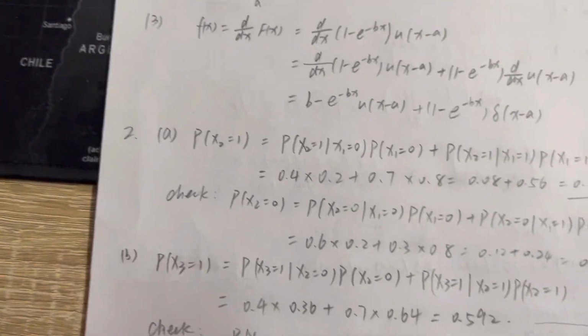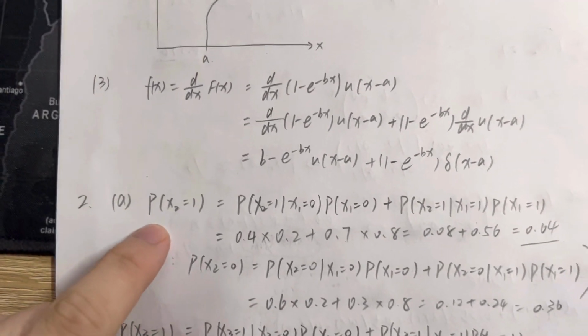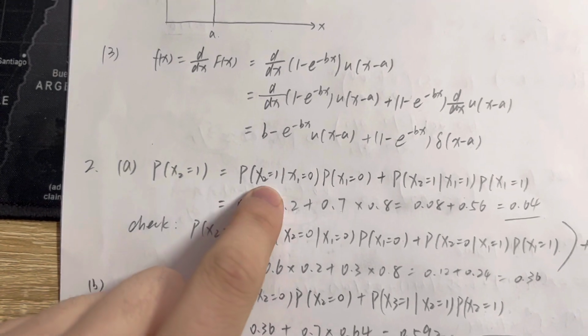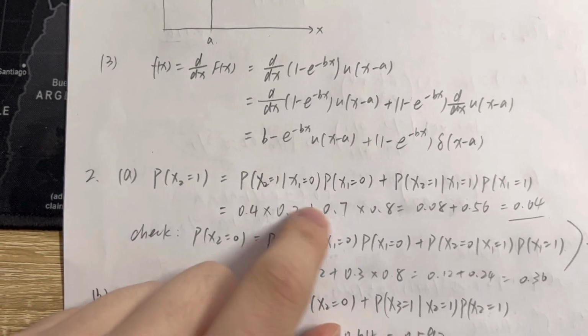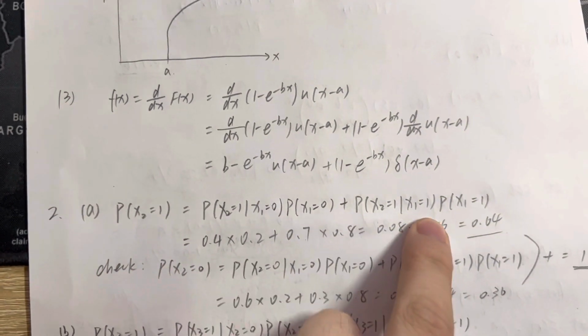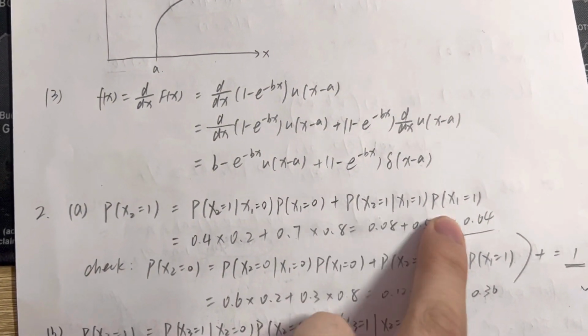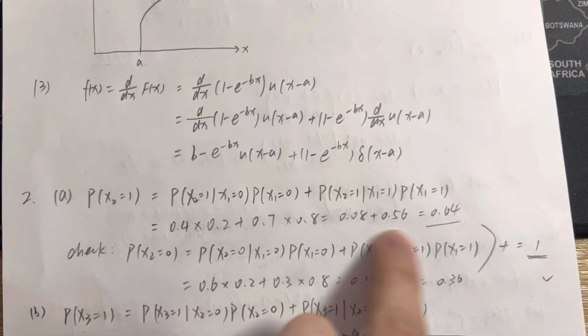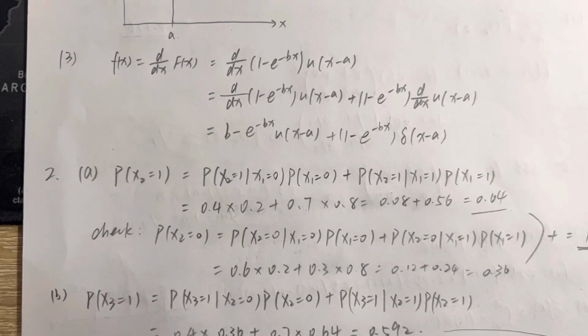So here the probability that x2 equals 1 is: 0 as the input, 1 as the output, times the probability of 0 as the input, plus 1 as the input, 1 as the output, times the probability of 1 as the input. So the total probability is 0.64.